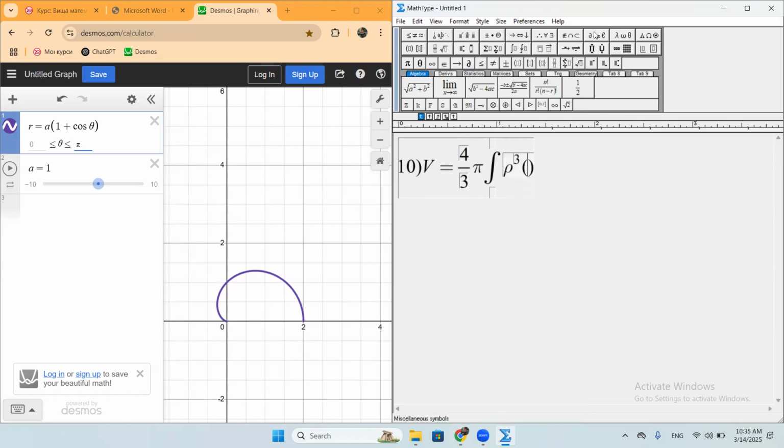We integrate rho cubed, with phi from alpha to beta, and d phi, of course.